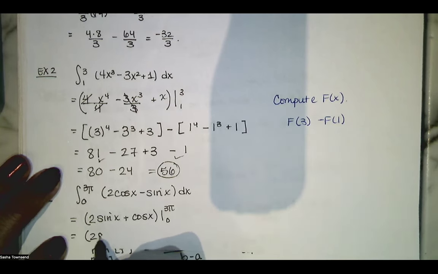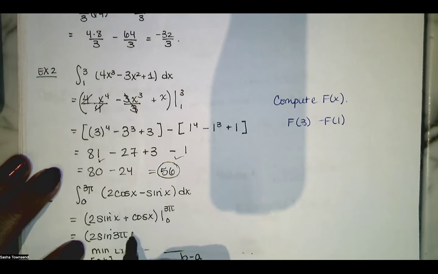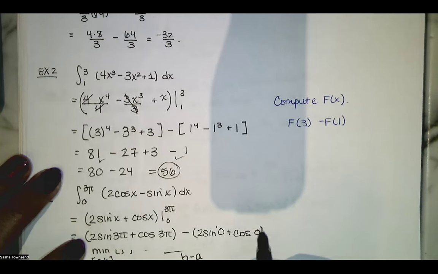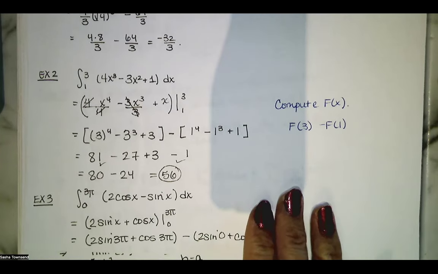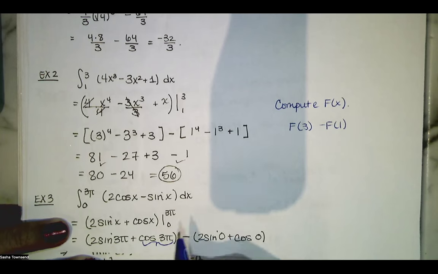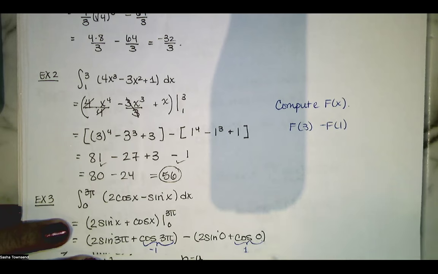And so I get 2 sine of 3 pi plus cosine of 3 pi minus 2 sine of 0 plus cosine of 0. And cosine of 3 pi is negative 1. Cosine of 0 is 1.